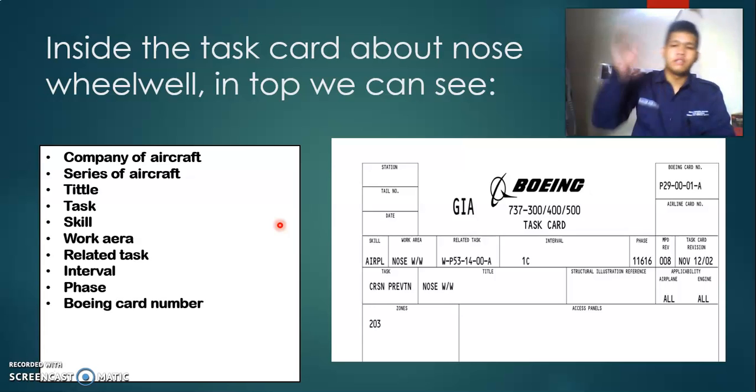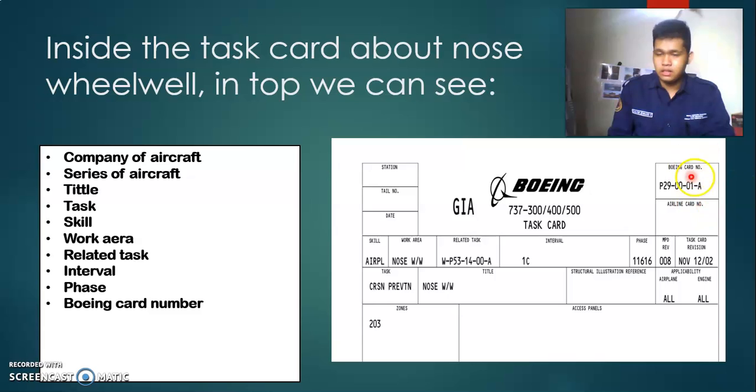Boeing card number. We move to the top of the paper again, on the right. The Boeing card number, with P29-00-01-A as the code. The Boeing number is released by the Boeing company.